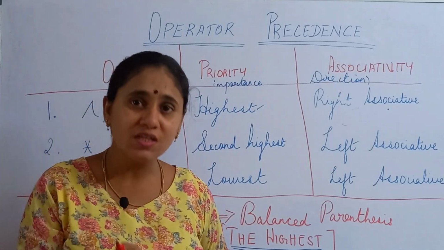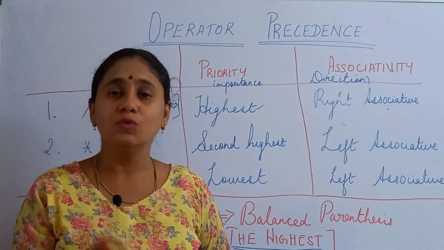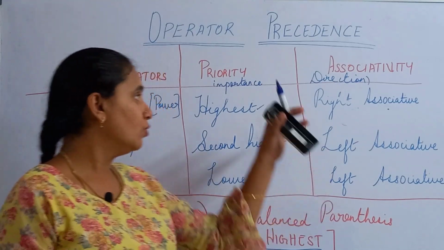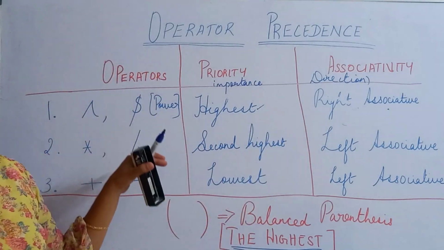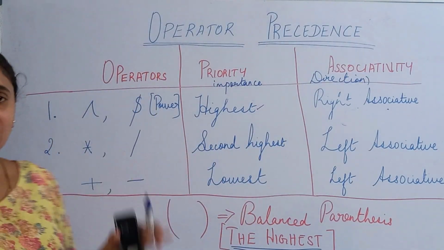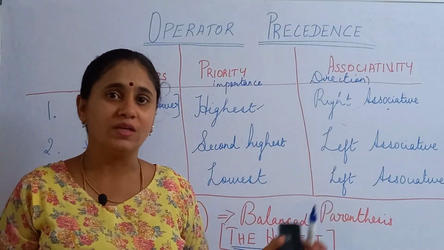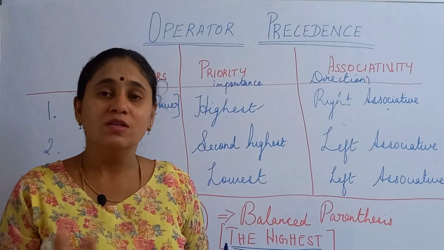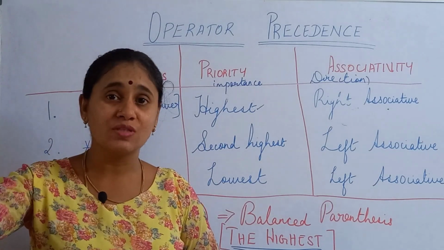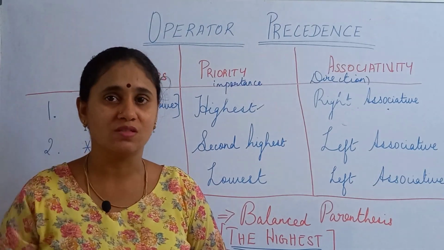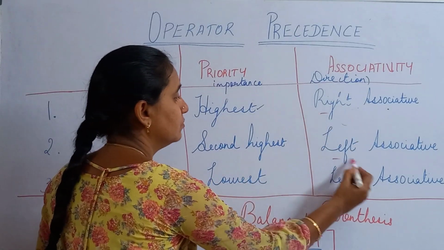Suppose they mention what type of associativity is used, you must implement it. Not only for this, it is used for multiplication, division, addition and subtraction. This is the default associativity I have written. Most of the time they will not mention it, but suppose by chance they have, you should use the associativity they have given in the question. Keep that in mind. So this is the default.